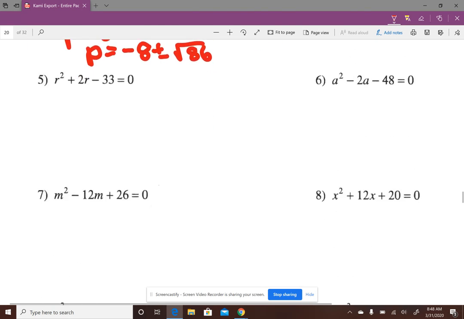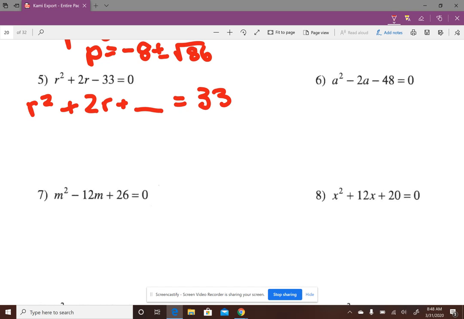All right, number 5. R squared plus 2r plus I don't know is equal to 33. I want this to be a perfect square trinomial. Half of 2 is 1, so I'm looking for the trinomial to be the product of r plus 1 times r plus 1. So I need a 1 here, which means I have to put a 1 here.